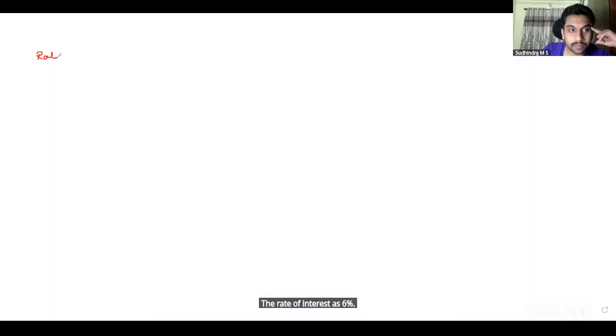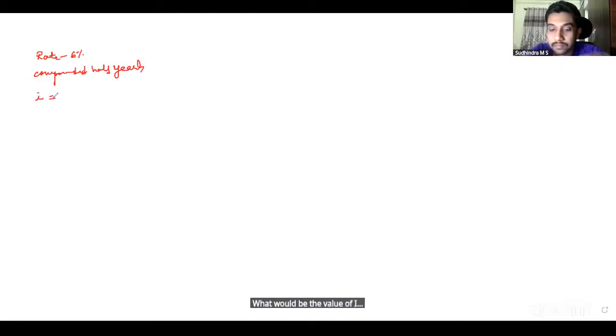Just as an example, if I have the rate of interest as 6%, and it is compounded half yearly, what would be the value of i? 3%.